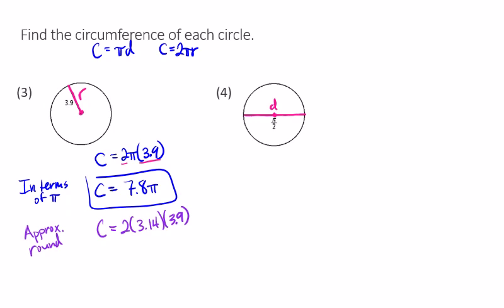If the question calls for it to be more precise, it might say, use 3.1415 or something like that. So here, if I multiply 2 times 3.14 times 3.9, we get 24 point, let's say it's a round to the nearest tenth. So then it would be 24.5.